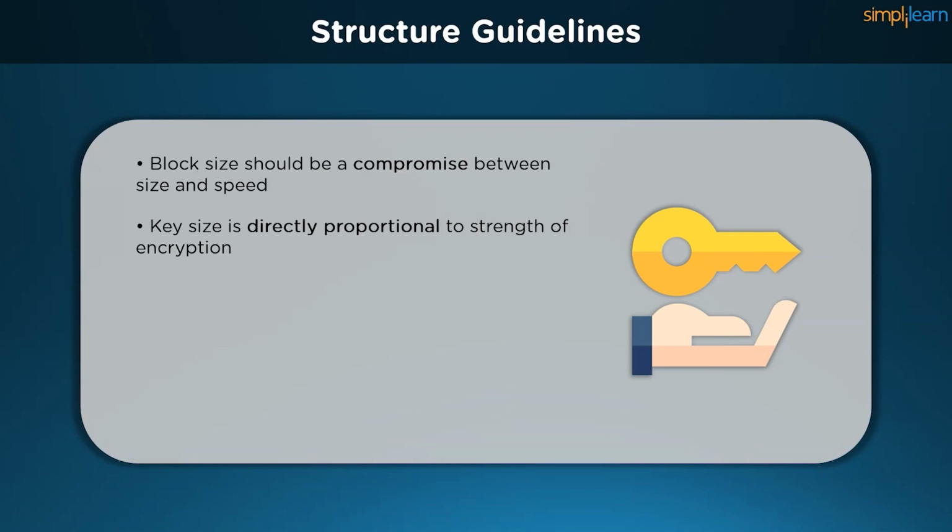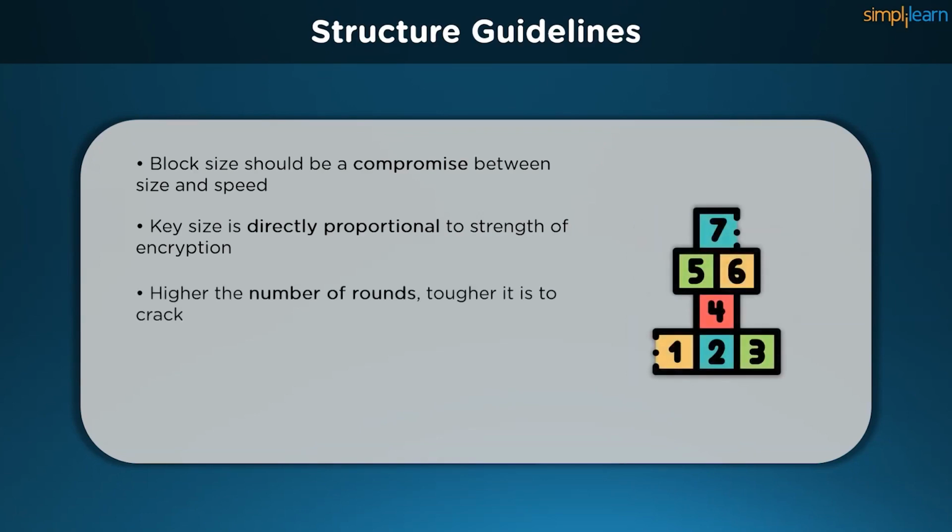Earlier, 64-bit keys were considered sufficient. Modern ciphers need to use 128-bit keys due to the increasing complexity of today's computational standards. The increasing number of rounds also increases the security of the block cipher, but similarly, it is inversely proportional to the speed of encryption.